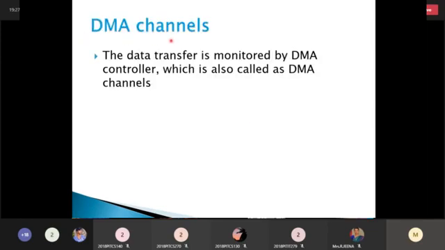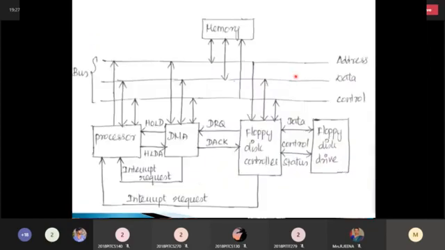So what is meant by DMA channels? The data transfer is monitored by the DMA controller, which is also called DMA channels. In the previous case, we were just transferring the data. The floppy disk controller gives the interrupt request to the processor, and it also gives the DMA request to the DMA.